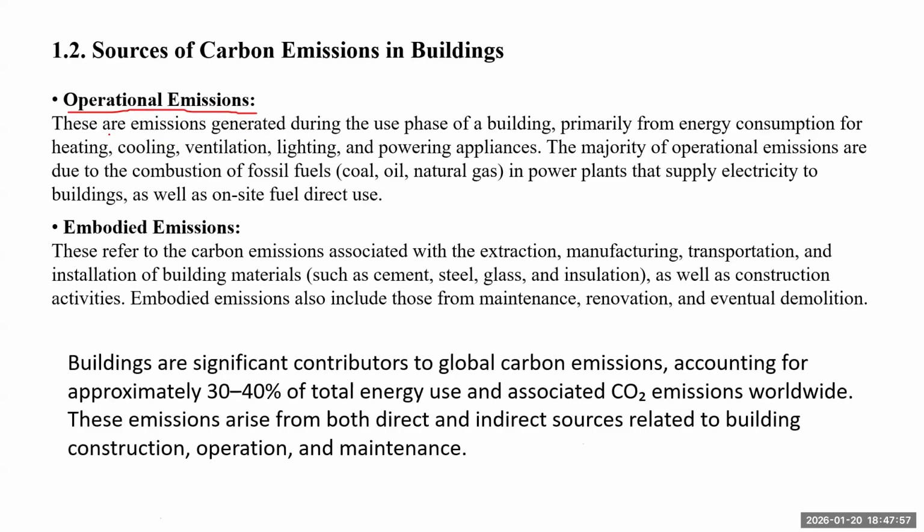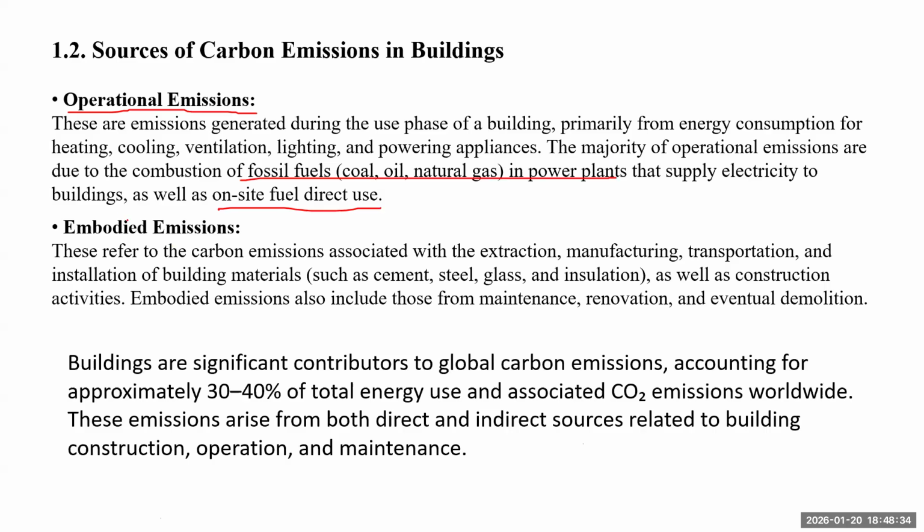These include emissions generated during the use phase of our building, primarily from energy consumption for heating, cooling, ventilation, lighting, and powering appliances, etc. The majority of operational emissions are due to the combustion of fossil fuels in power plants that supply electricity to buildings, and also on-site fuel direct use, for cooking, for producing hot water, for shower, and other uses.